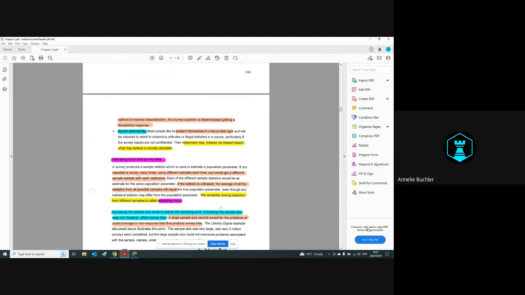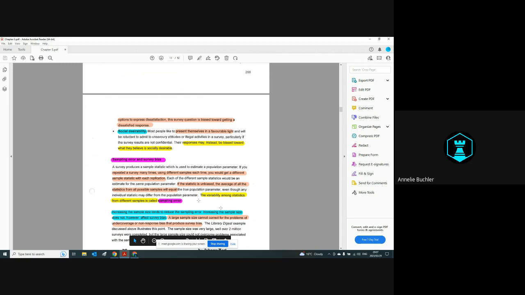Normally, if you do a survey, you have to measure the outcome repeatedly. You can use different samples each time on the same survey. You will get a different result, but if you replicate it more and more, your answers should be more or less the same.